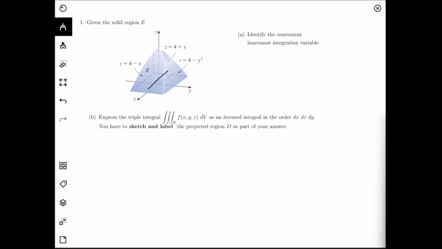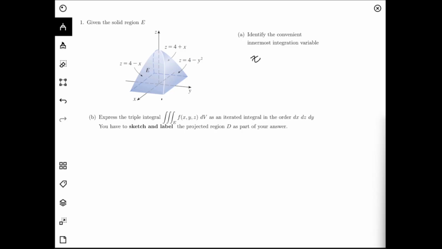So I'm going to say that x is the best direction to go in, because no matter where you go across here, you come from this function on this side and go to this function on this side. That gives you two nice boundaries. Go from one straight to the other. So I'm going to say x is the best for the innermost because, just like the last one, I don't need multiple equations to figure this out.